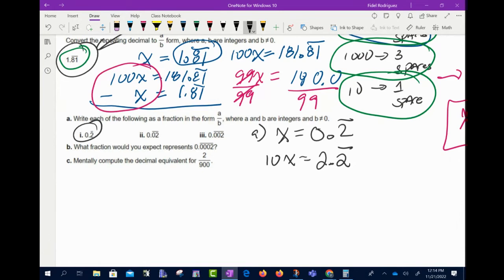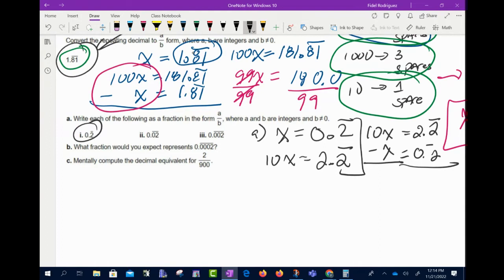Now, the reason why I want to do that, y'all, is that I'm going to subtract these 2 pieces. So let me take 10x minus x. 10x is 2.2 with the little bar. An x is 0.2 with the bar.